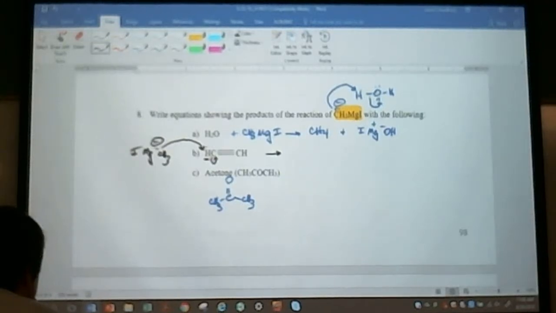The CH3 picks up a hydrogen and forms methane, and then the acetylide ion that forms will pair up, in this case, to form a salt.